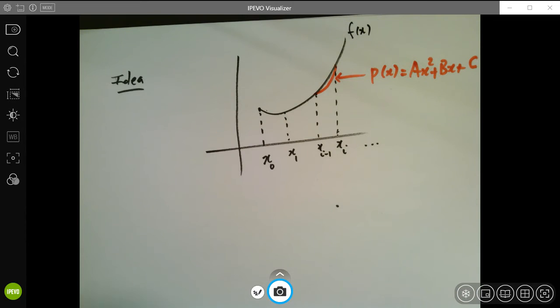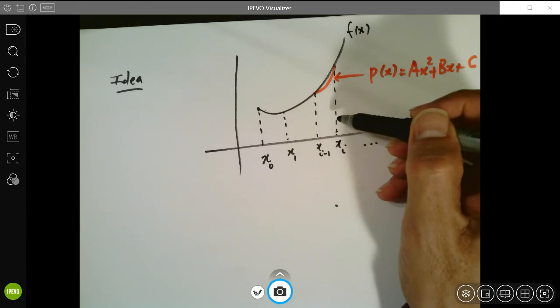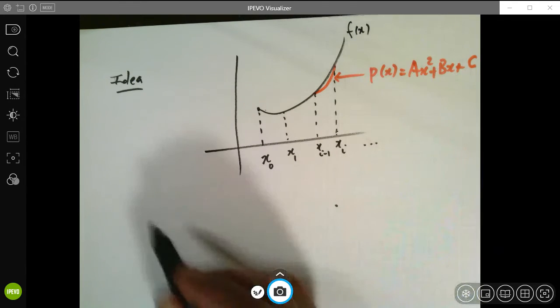Okay, so f of x. So now the area under the curve of the function is very similar to this one.